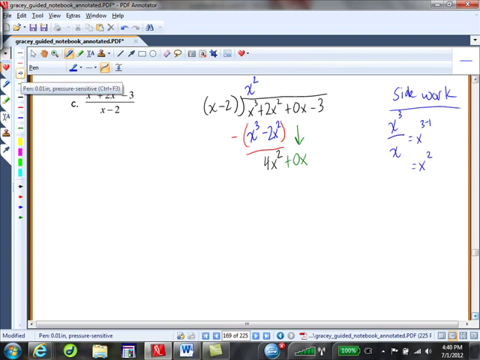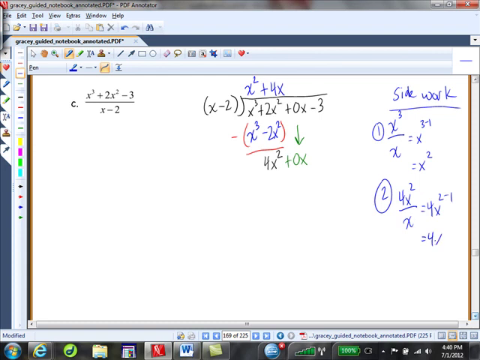Okay, so again, verbalizing: x times what equals 4x squared? Well, it's positive, so I put a plus, and it'll be a 4x. If that doesn't work for you, do more side work. We have our leading term, 4x squared, divided by x, which gives us 4x times x to the 2 minus 1, which is 4x.